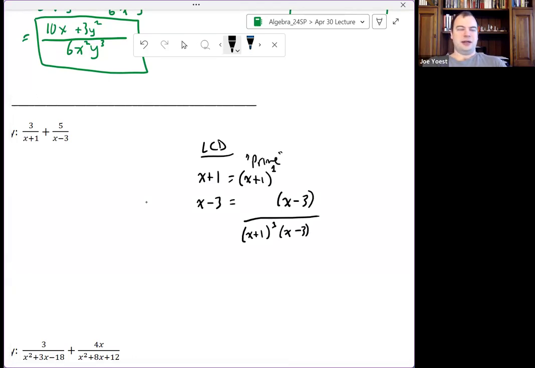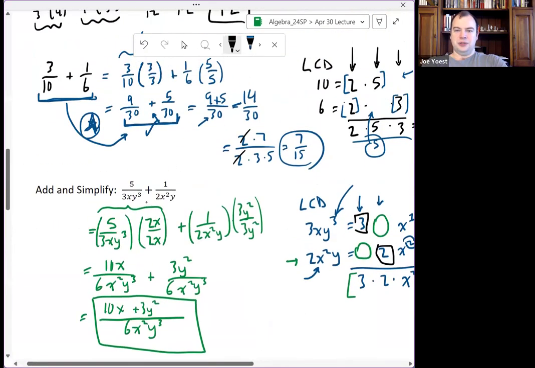I have some of that prime factor. I have one of them in the second denominator, so I need to retain one of them in the LCD to satisfy that second fraction. So my LCD is just x plus 1 times x minus 3, the product, in this case, of the two denominators.